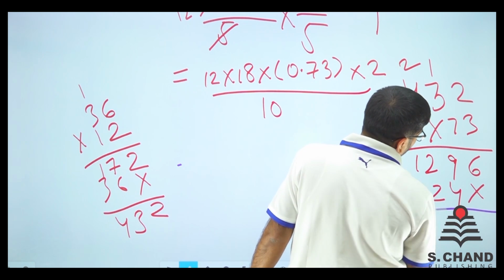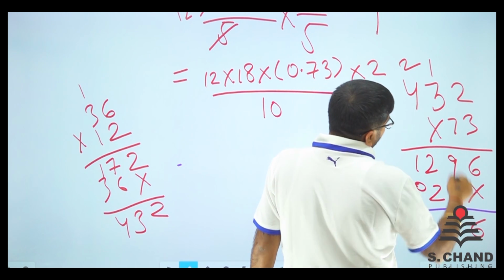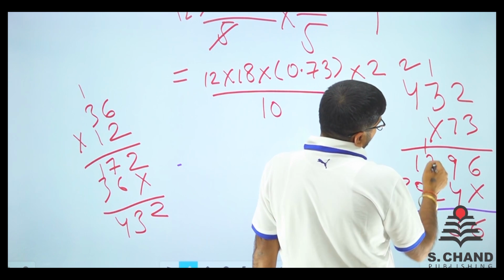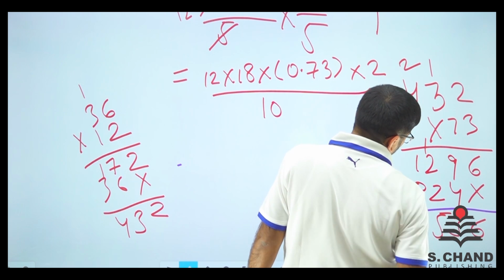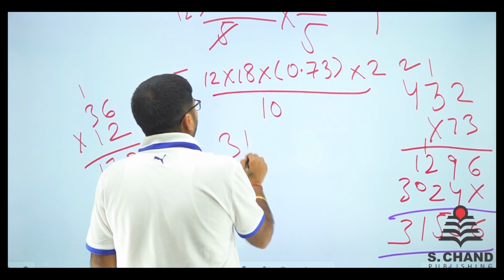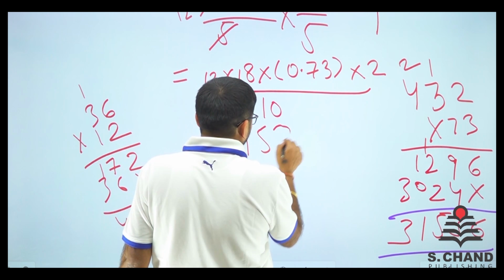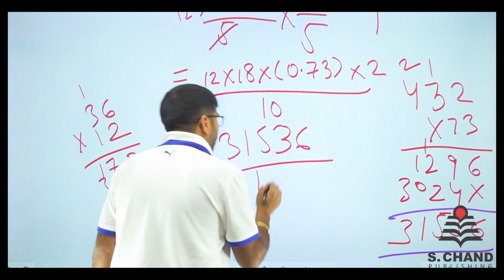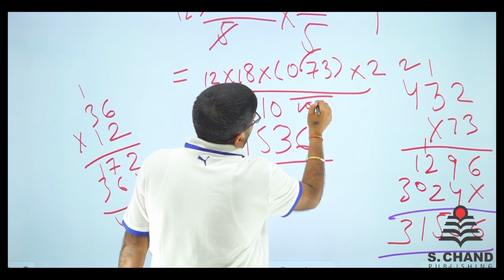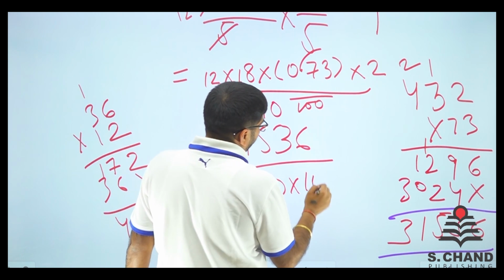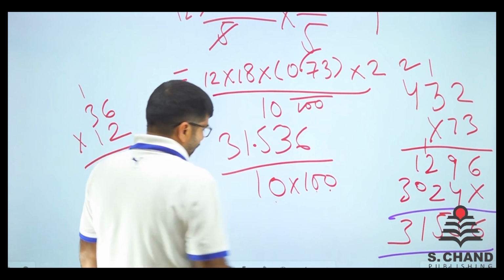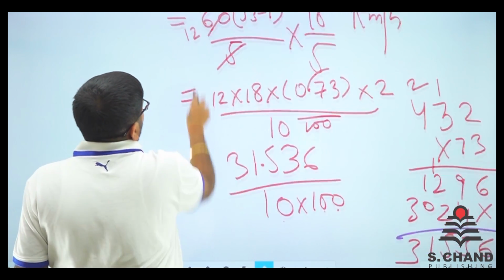So we get 31536. Divide by 10, and if you remove this thing, then it will come 100. So 10 into 100, so just 31.536. Is there any option like 31.536?